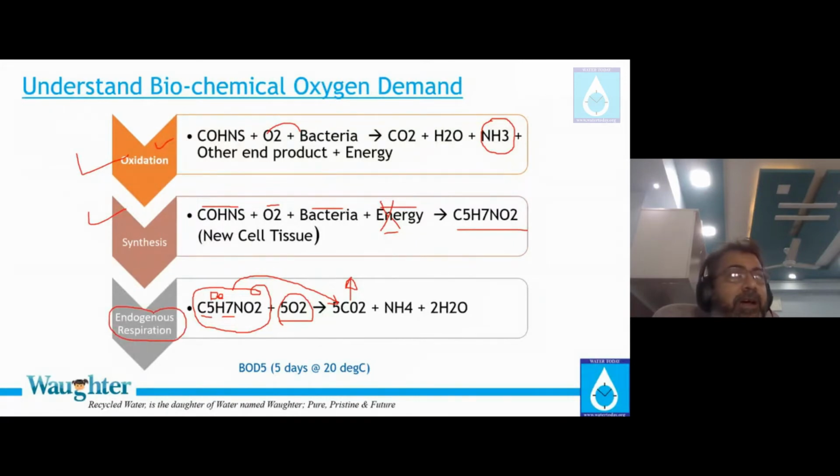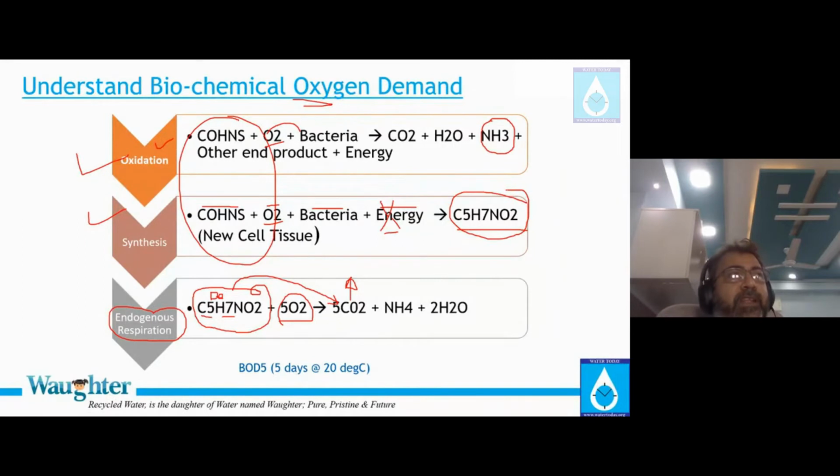Something like last rites, right? Endogenous respiration. And you can count that there is a requirement of oxygen, but not for pollution; there is a requirement of oxygen for the byproduct of the pollution itself. This is the byproduct of the pollution.